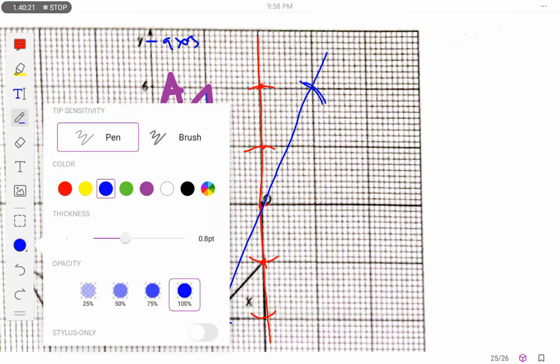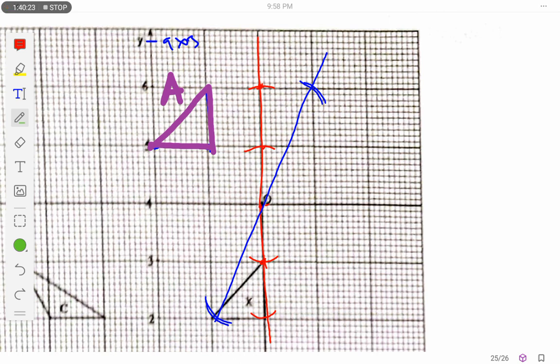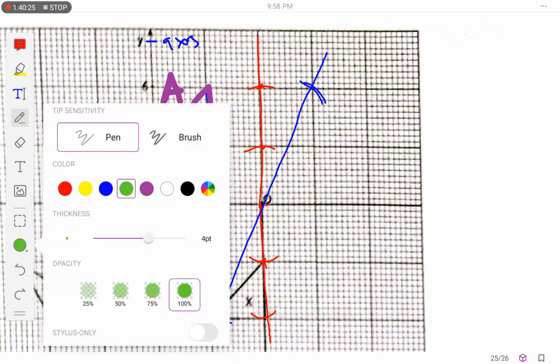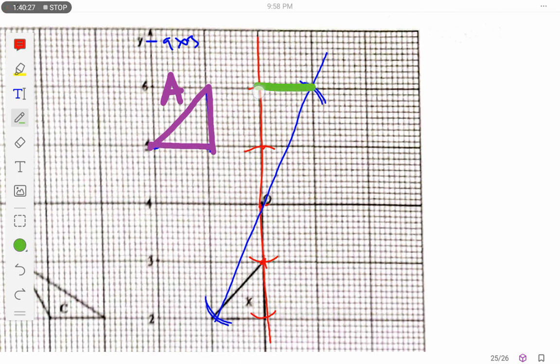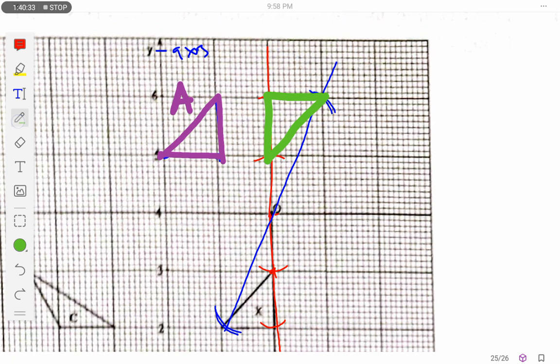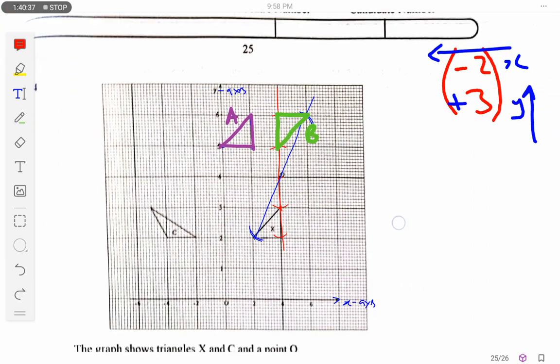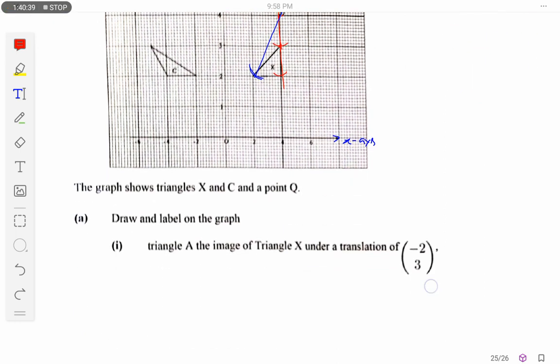So you find out our triangle is going to be like this. This is our triangle and we are labeling it B. Okay, we are done. Fine, let's go to the next question.